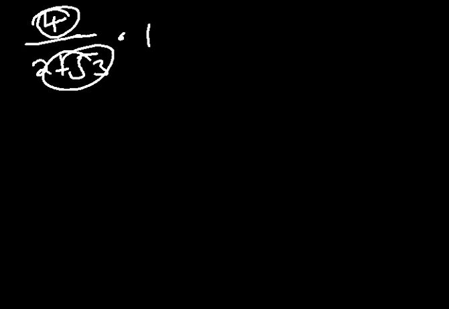So we'll have to multiply this one by the conjugate of the denominator. But what is the working principle? You should understand that the rationalization of this expression is 4 divided by this one, times 1.